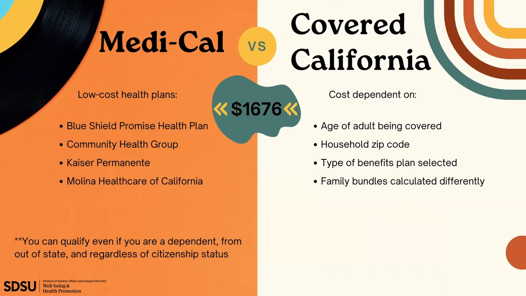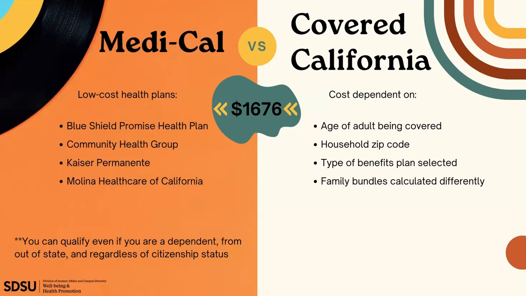If you make more than the $1,676 per month, you would not qualify for Medi-Cal, but you can select a health plan offered through Covered California. Covered California is California's open health insurance marketplace. Covered California functions like Amazon, where you input your filters.